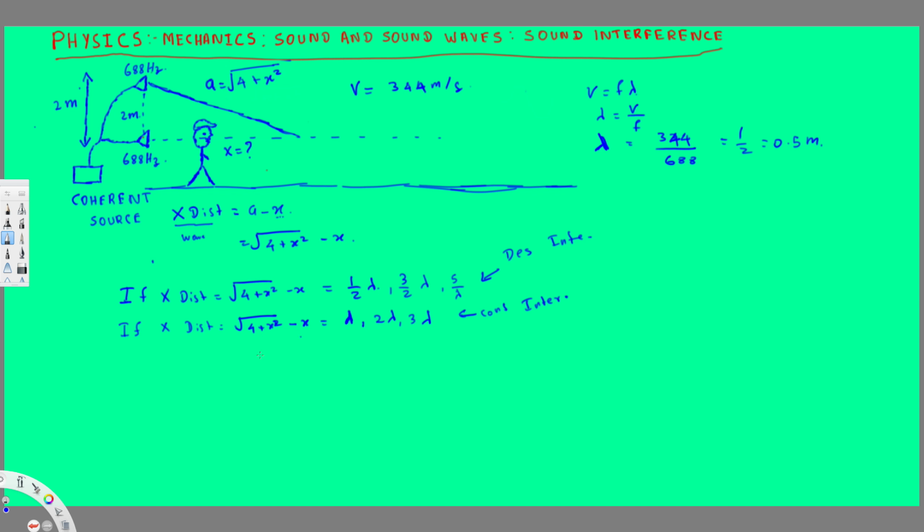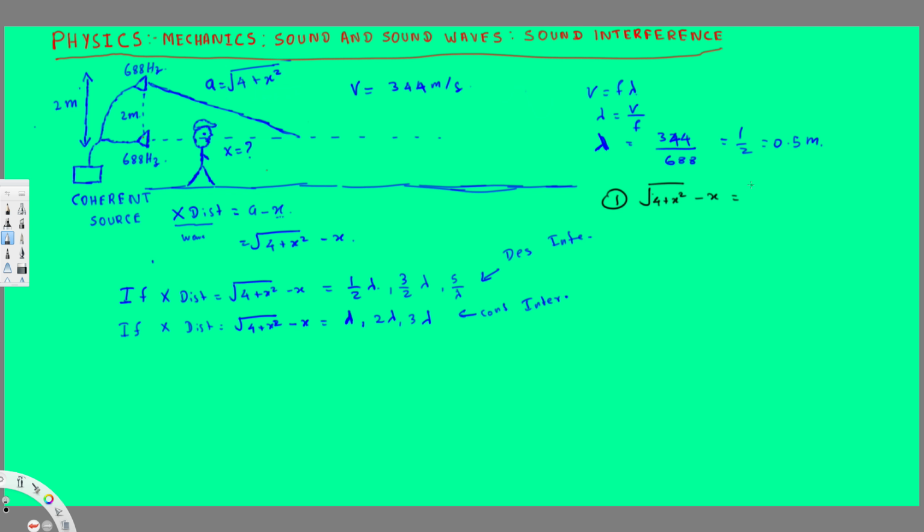So let's do the situation where he will hear no sound. We know 0.5 is the lambda. Let's bring this equation right here. Square root of 4 plus x square minus x is equal to lambda by 2.